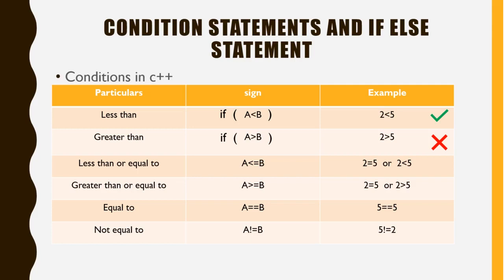If we look at an example, if a is less than or equal to b, 2 is equal to 5, which is totally wrong. But there is one more condition, 2 is less than 5, which is correct. So overall this condition is true and it will execute the if statement. We do not have to see which statement is wrong and which is right. In these two conditions, one can be false and one can be true.